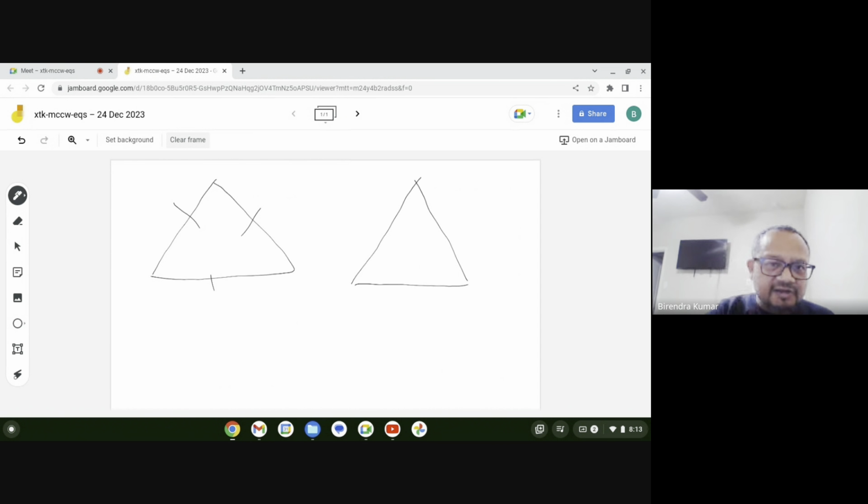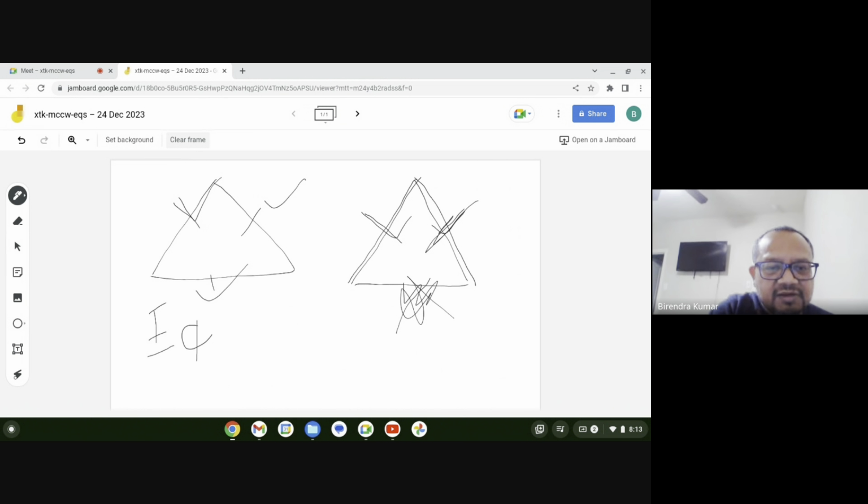Equilateral triangle. When all the sides are the same, it's called an equilateral triangle. Let's say a triangle when two sides are the same, and this one is not the same. This is called isosceles. This is called equilateral.